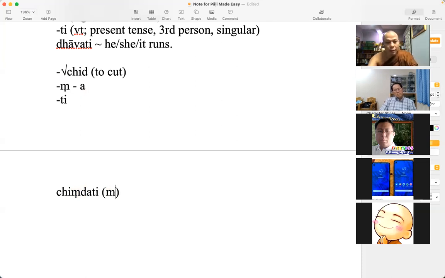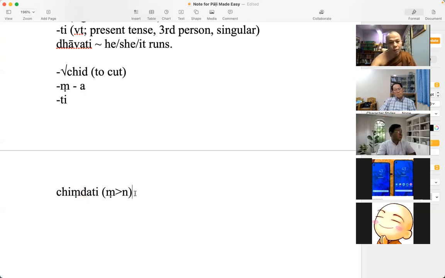So negida changes to na because it is followed by the dental group da sound, that is right. So now we have changed the d.